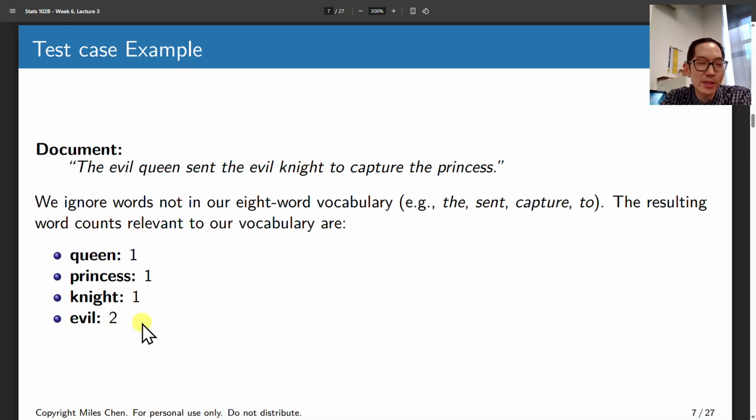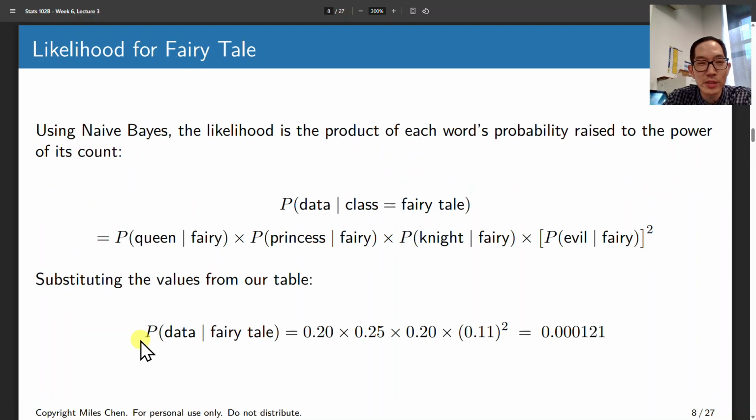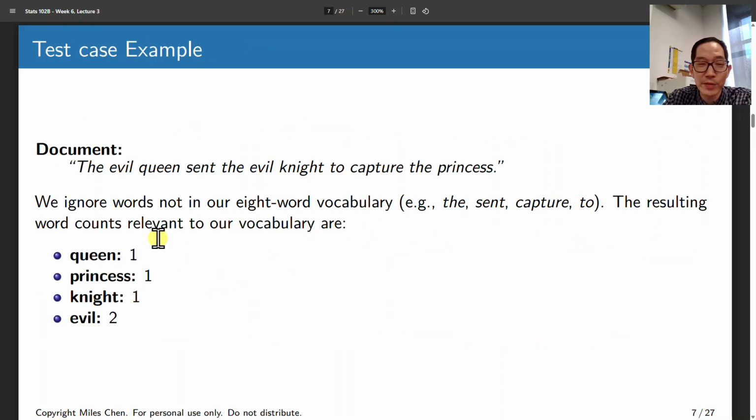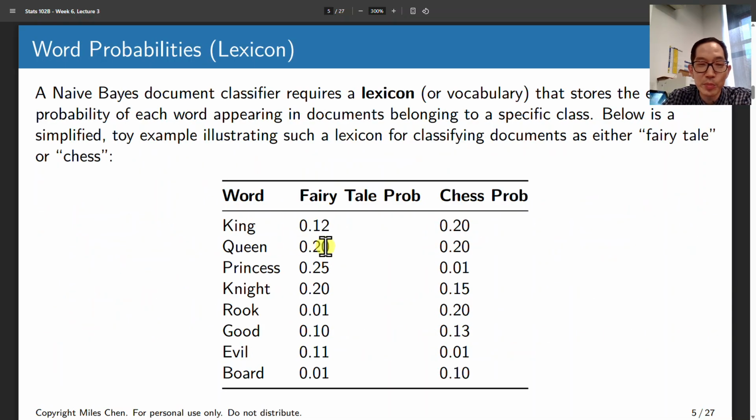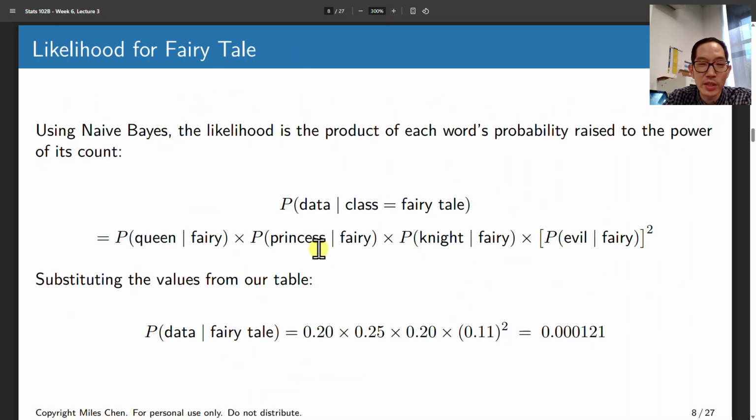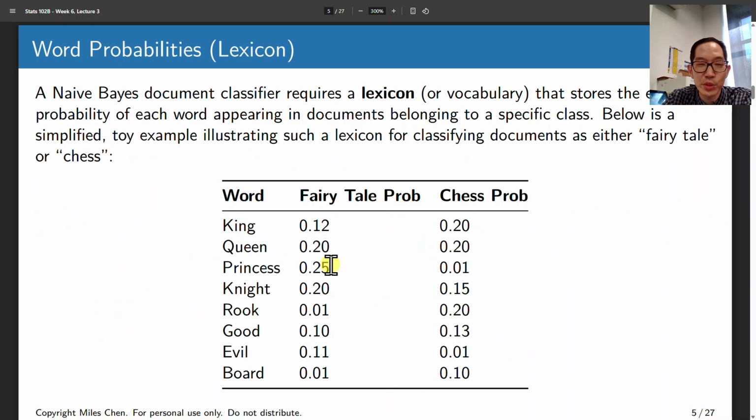So these are our words, and now we'll calculate our likelihoods, okay? The likelihood is the probability of our data given the class. So we're going to say, what's the probability of getting queen if it's a fairy tale? We have 0.2. Princess given a fairy tale, we have 0.25. Knight given fairy tale is 0.2, and evil given fairy tale is 0.11.